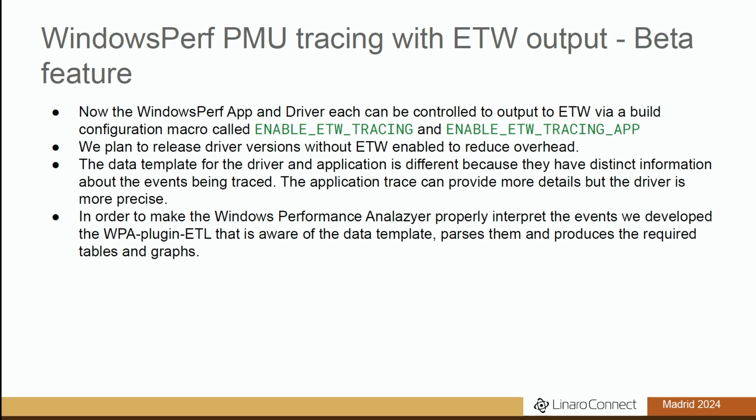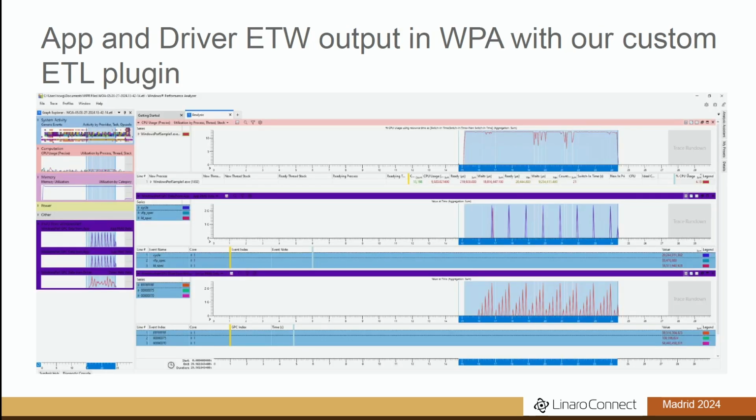So all we had to do is, as I mentioned, just have our manifest, install the manifest, and to actually make Windows Performance Analyzer understand this, we had to develop another Windows Performance Analyzer plugin. And so here's an example output.